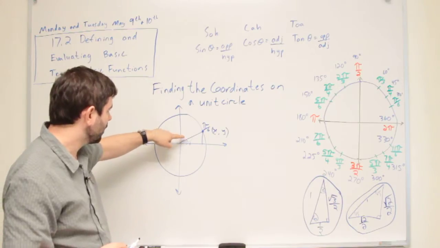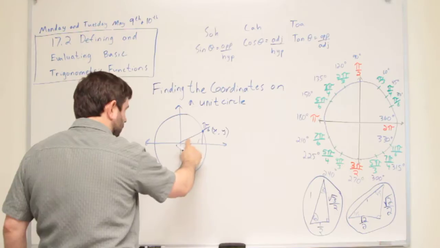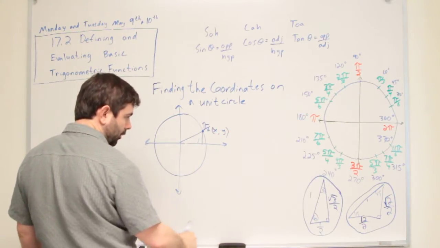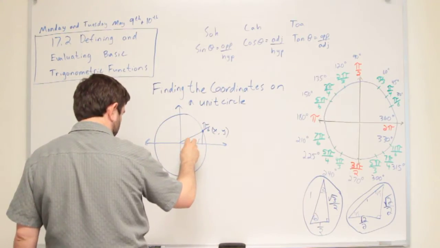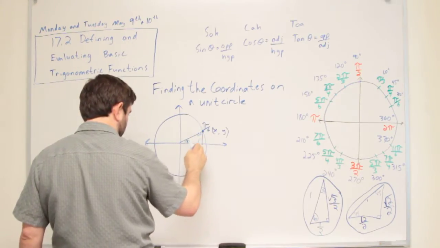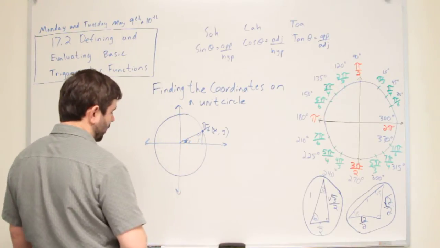This is a 30, 60, 90 degree triangle, because pi over 6 matches with 30 degrees, and I'm doing degrees because this is in degrees. Could do that in radians too though. So this is 30, 60, and 90.